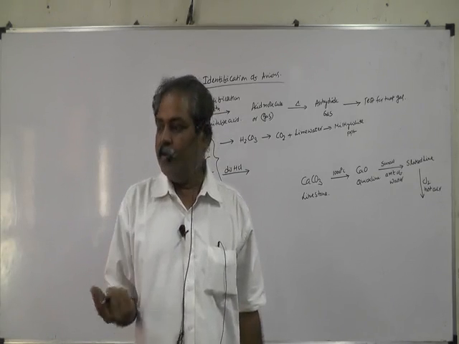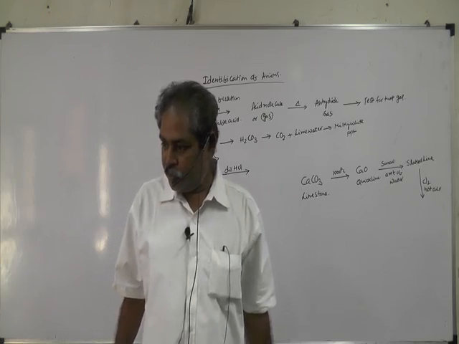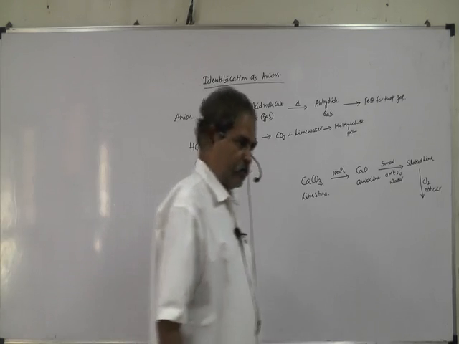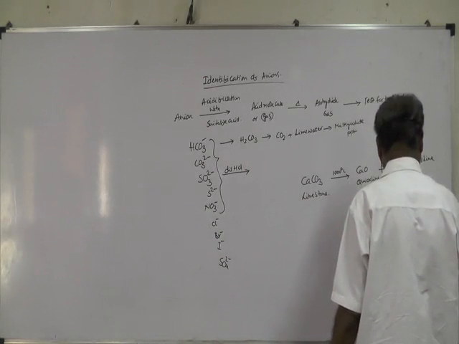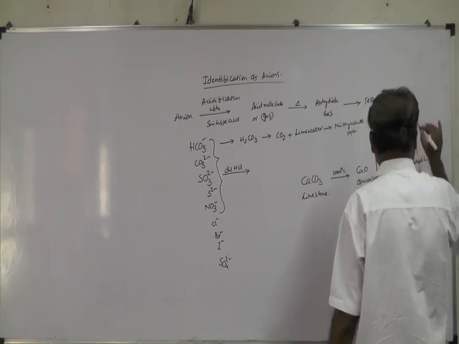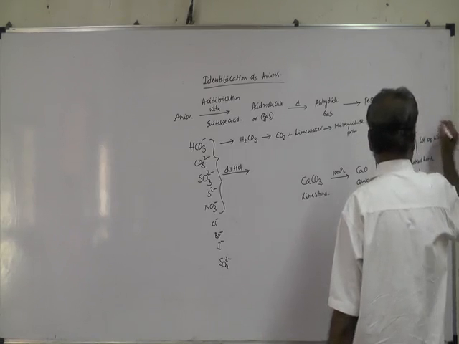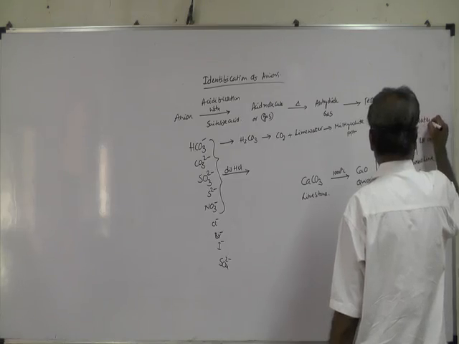When they rotate, the slaked lime mixes with chlorine, and what you get eventually? Bleaching powder, CaOCl2. And when you add a lot of water, what you get is called lime water, and this lime water is used for whitewashing.